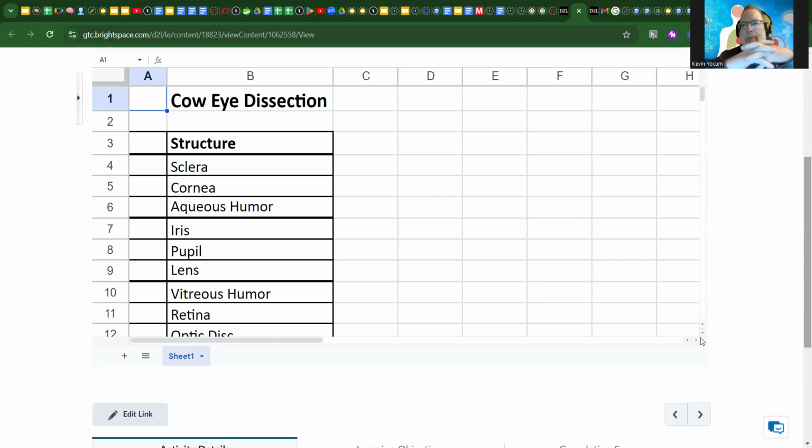So we're kind of trained to look forward. But those extrinsic eye muscles are really there to be able to move the eyeball in any direction. So we'll see many fiber directions of these different muscles.